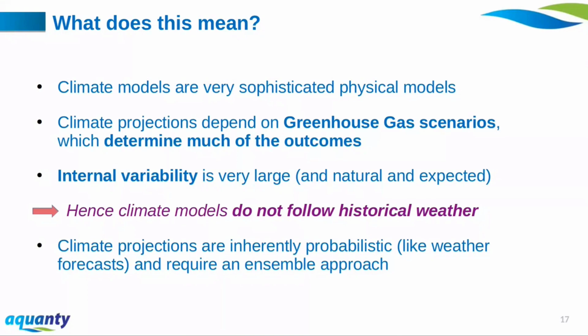But the actual trajectory, if you plot annual, year to year, the temperature or precipitation, it will look different. There will be dry periods when there historically have been wet periods and vice versa. Don't expect it to match. And this is by design. Climate models do not reproduce the weather because they're not initialized in that way. Yeah, and they're inherently probabilistic.